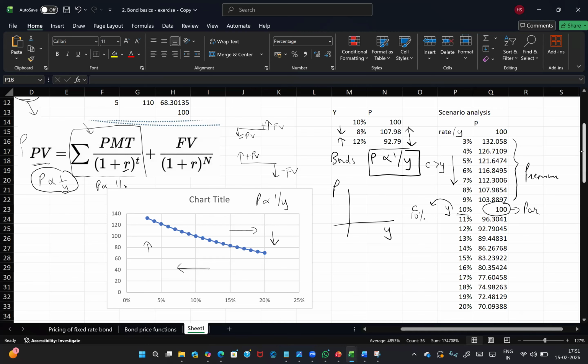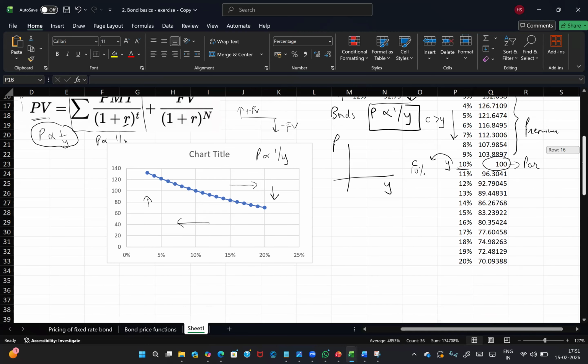And whenever the yield goes above the initial yield of 10%, whenever the yield rises above the coupon rate, so here the coupon rate was 10%, but the yield say rises to 11 or 15 or 20, whatever that is, clearly the coupon rate falls below the yield in that case. And if that happens, the price of the bond goes below the par value, and hence we say that the bond is quoting at a discount.